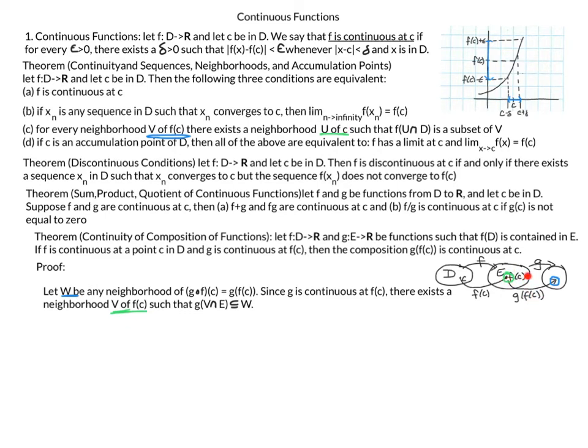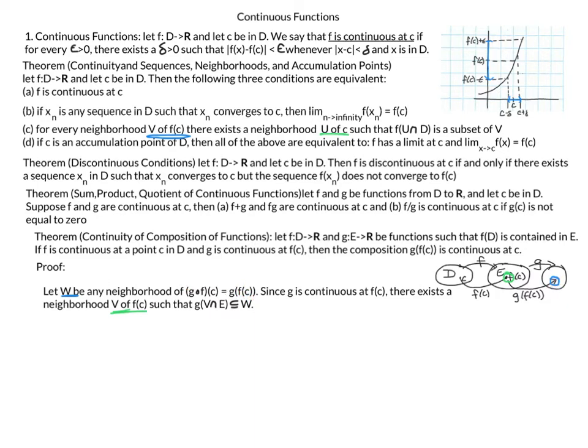This is our neighborhood of f of c that gets mapped to g of f of c, such that the image of this neighborhood intersected with e is a subset of w. So again, writing this in words, let w be a neighborhood of our function composition, g of f of c.